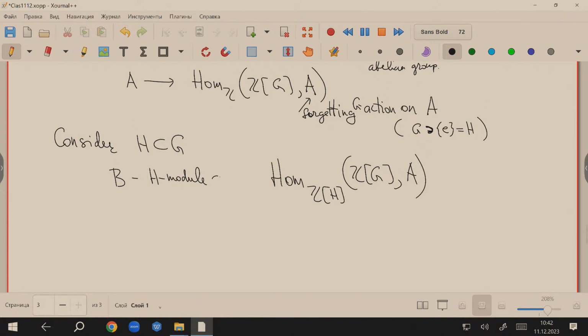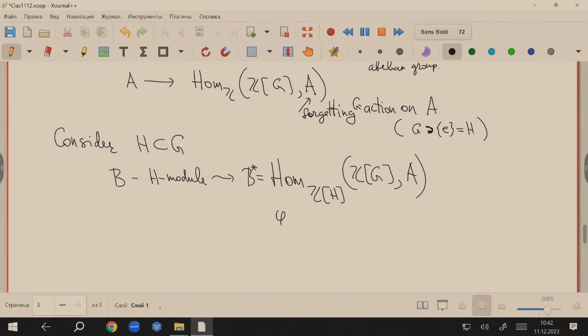I mean, there is no meaning that it is dual, just denote it like this. And of course here you have the action that we defined similarly.